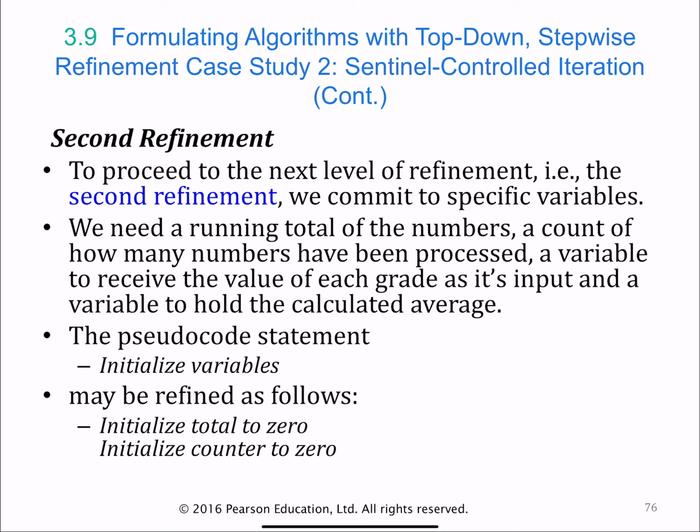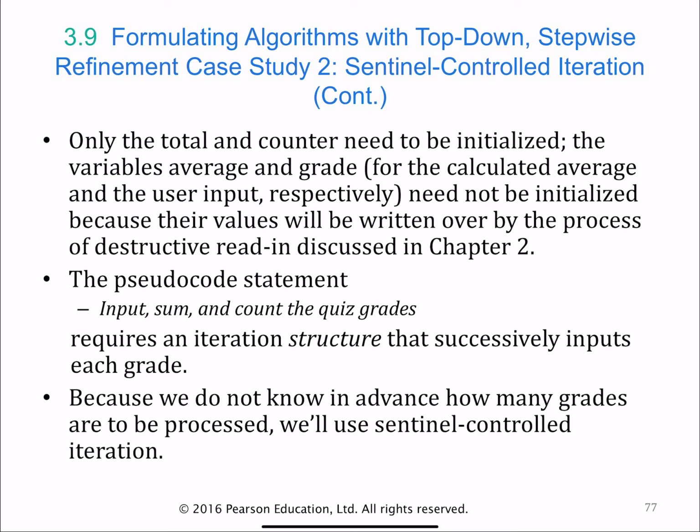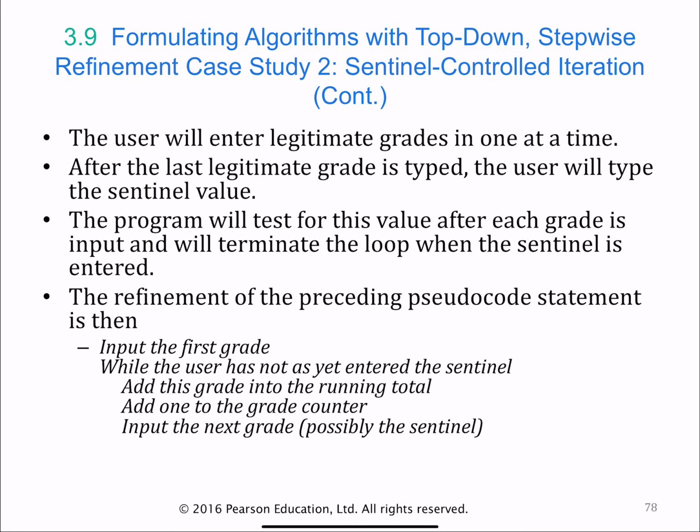Initialize variables was the first step. In that, we would like to initialize the total to 0 and the counter variable also to 0. Then the pseudocode says get input, compute the sum of those inputs, and count the quiz grades. That can be expanded into something like this.